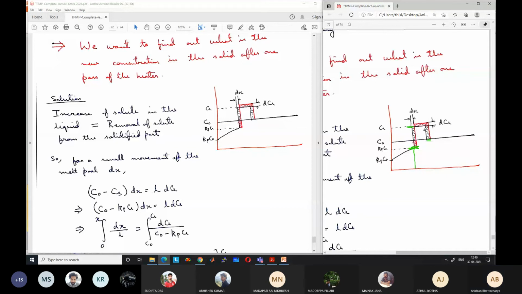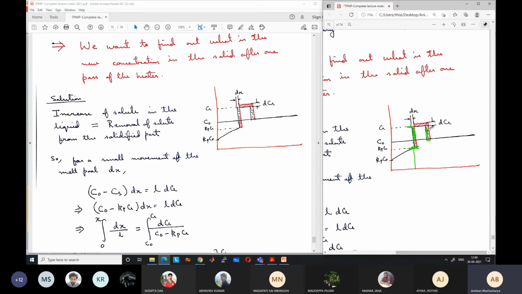The concentration that is getting removed is Cl minus KpCl, and the extra concentration coming here is Cl minus C0. This amount, Cl minus C0, gets balanced by the concentration which comes here.